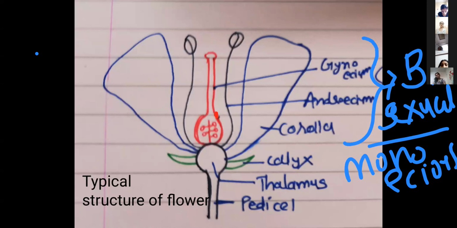These two terms are very, very important. Throughout 11th and 12th they are going to come. Bisexual, other term monoecious.